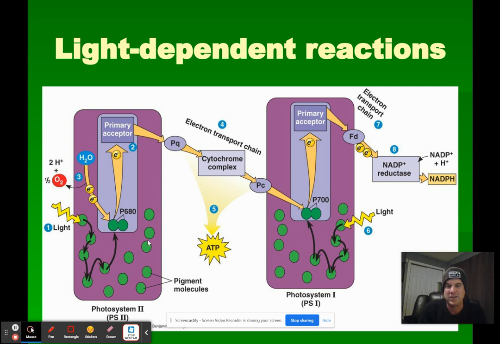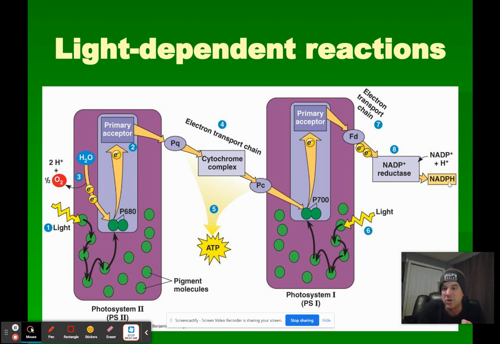Well, in the light-dependent reactions, the electrons that get excited from photosystem 2 move down the electron transport chain and eventually fill in photosystem 1. And the electrons that get excited in photosystem 1 eventually flow to NADPH. So we have this electron flow from photosystem 2 down the electron transport chain to photosystem 1, get excited again, down a short electron transport chain, and end up in NADPH.